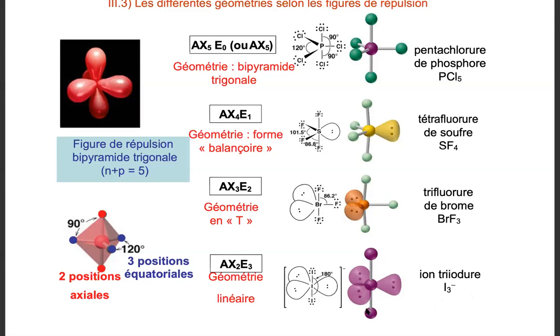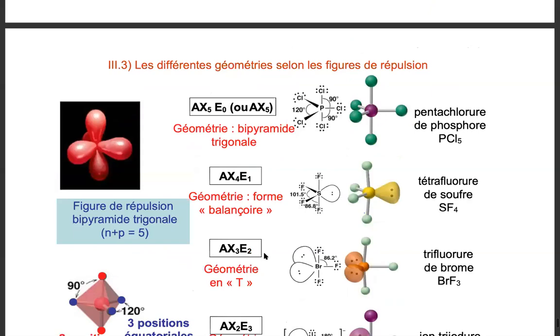That is 1, 2 atoms of iodine that are adjacent, and the central atom is still iodine, and has 1, 2, 3 pairs of lone electrons, and therefore P will be equals to 3, and the adjacent iodine atoms are 2. Therefore, it will have la figure de répulsion géométrie linéaire, that is 2 plus 3, which is equals to 5.